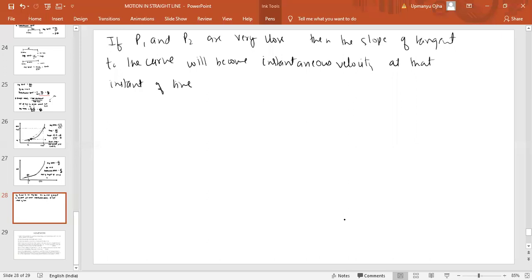That is known as instantaneous velocity.